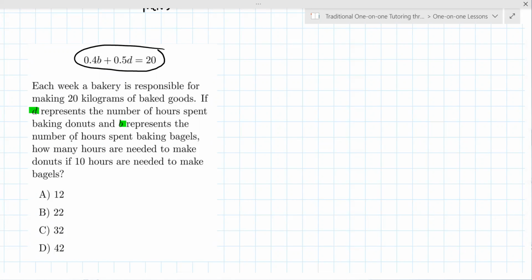I don't want you to guess. I want you to read the problem and tell me which. D represents the number of hours spent baking donuts and B represents the number of hours spent baking bagels.